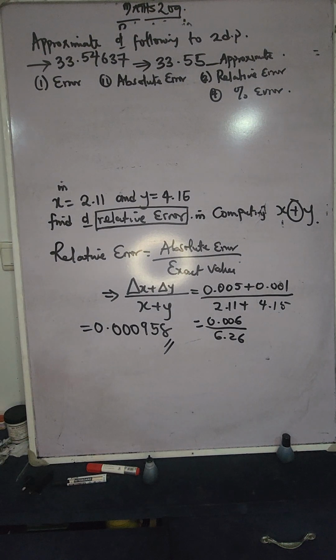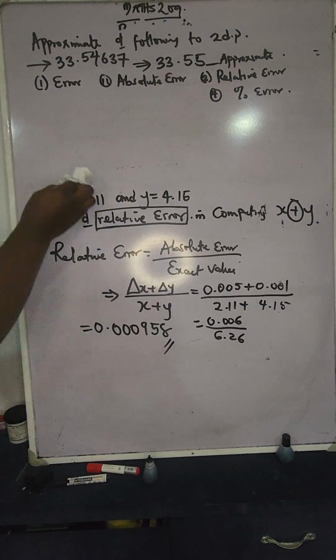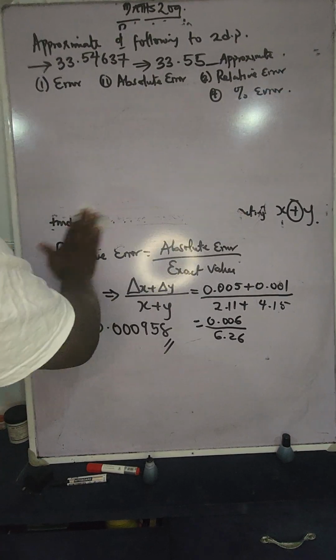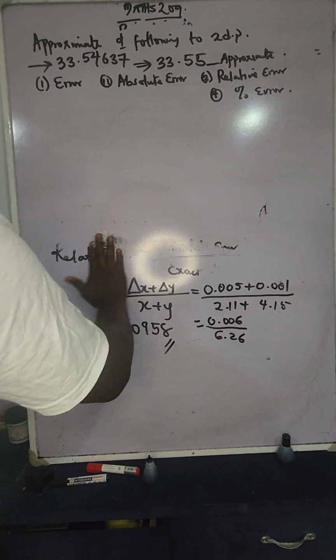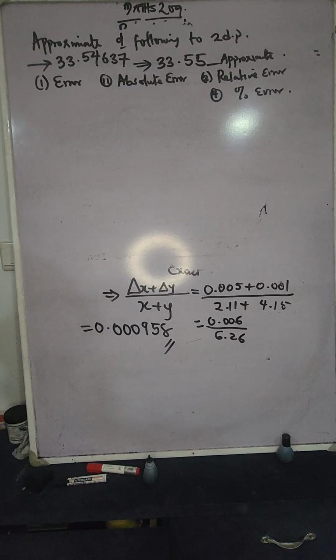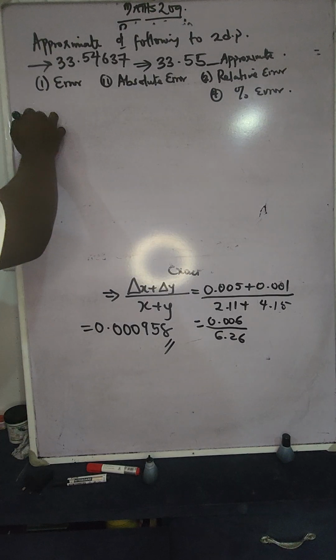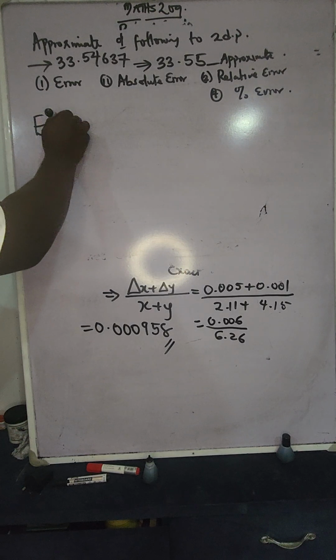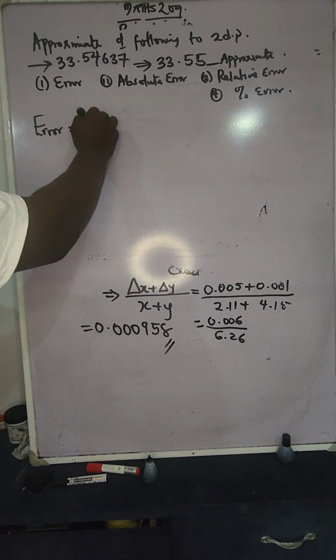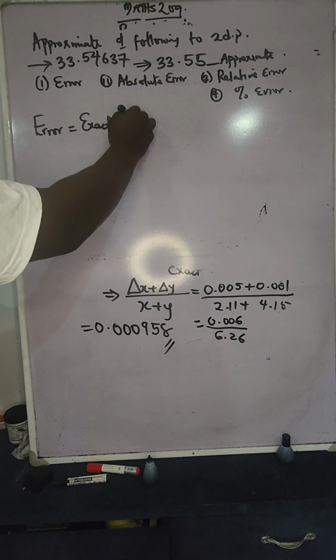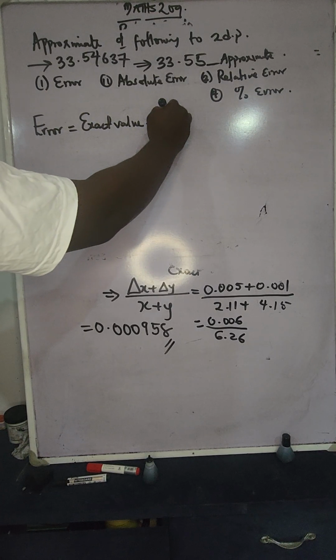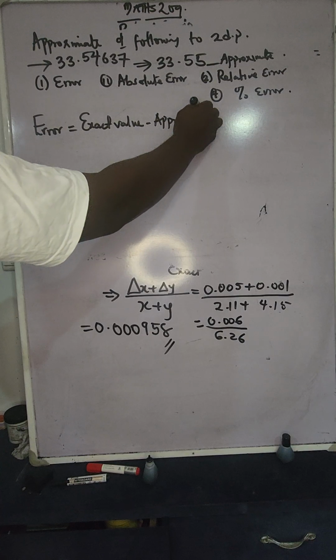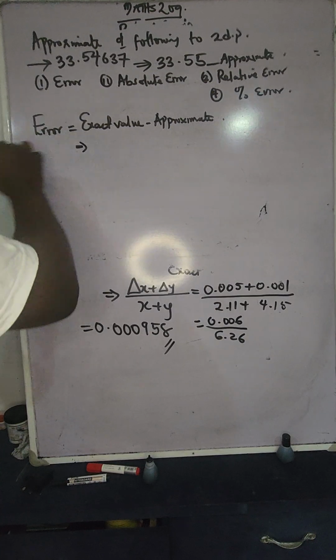So how do we find the error involved? We remember that the error involved is equal to the exact value, or true value, minus the approximate.